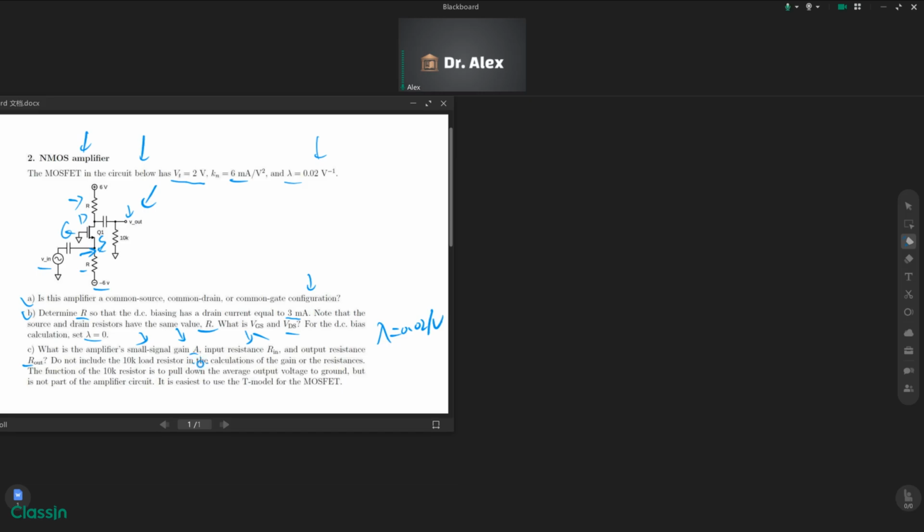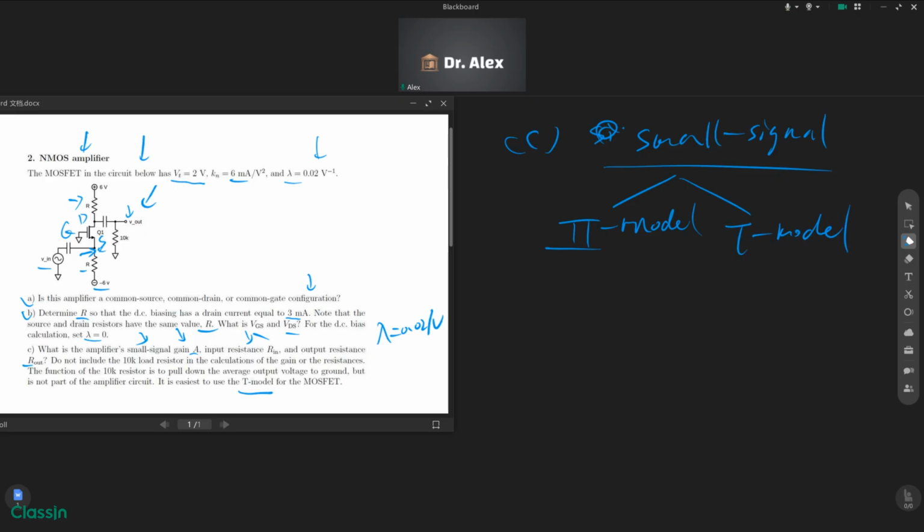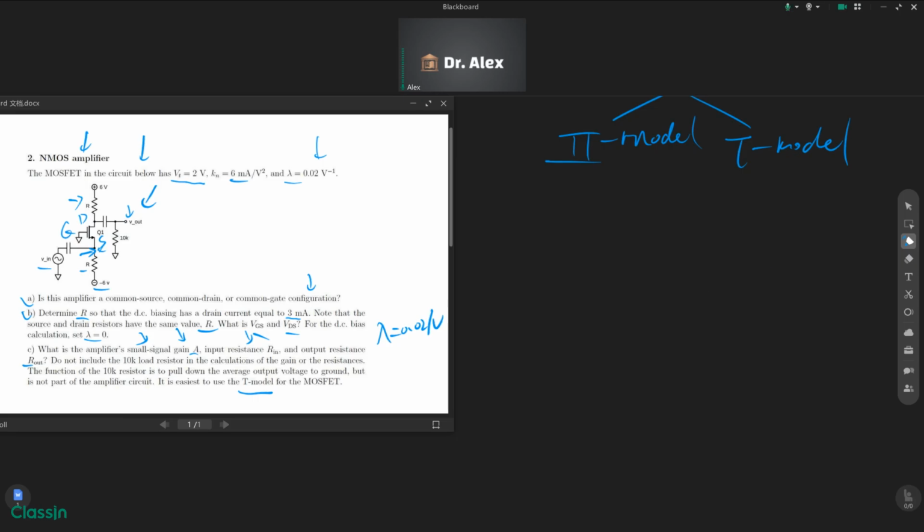The question itself also mentions we should use the T model for the MOSFET. Basically, for the small signal equivalent circuit, we have just two types: one is the pi model, the other is the T model. So first of all, we will draw the T model equivalent circuit. It should be like this.